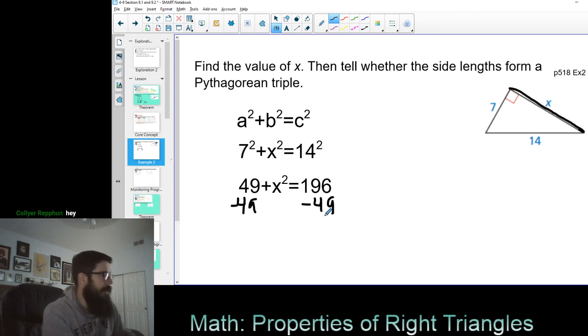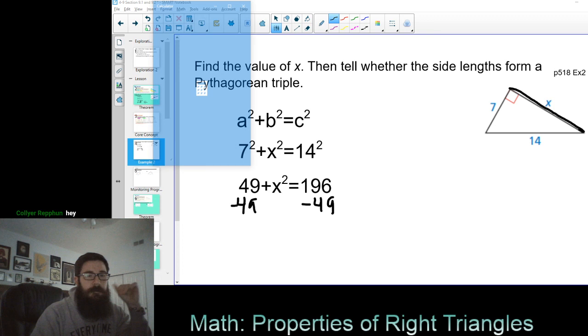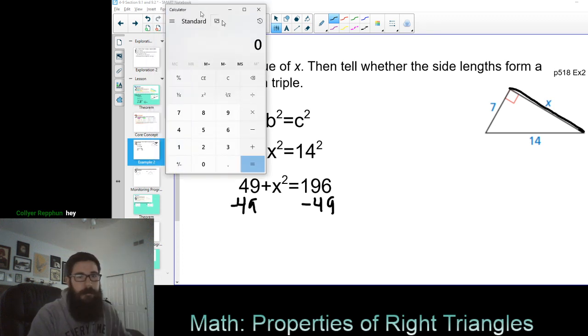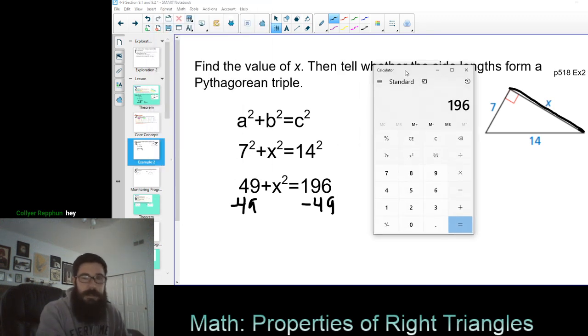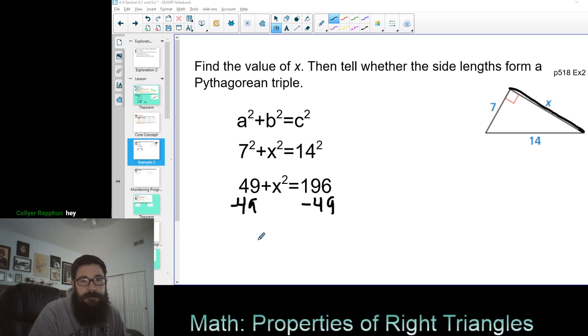Let me pull up the calculator here real quick. What's 196 minus 49? Again, calculator's totally okay with all this. I've got no problems with those. That's going to give me x squared now equals 147.